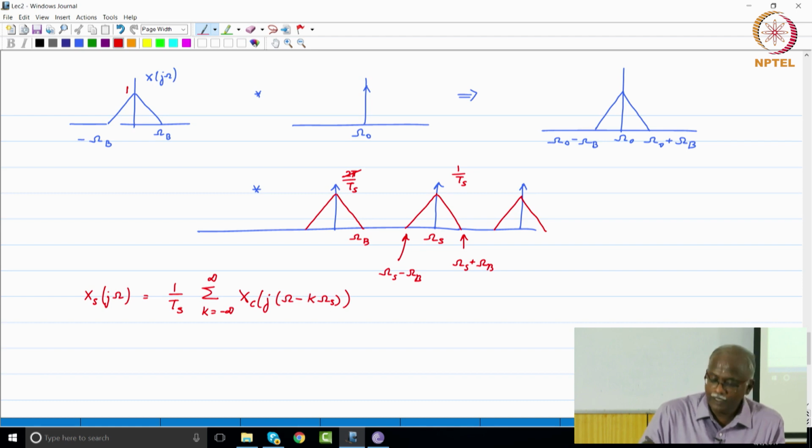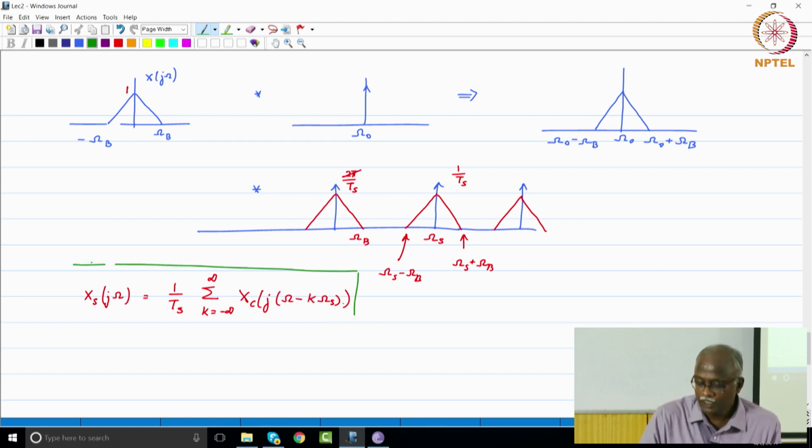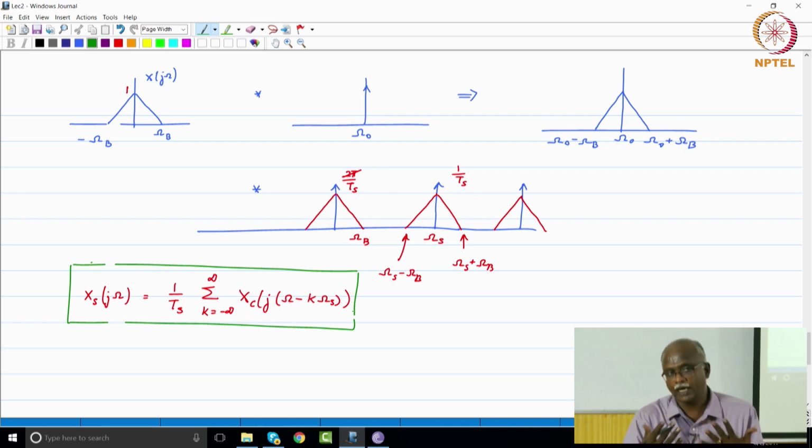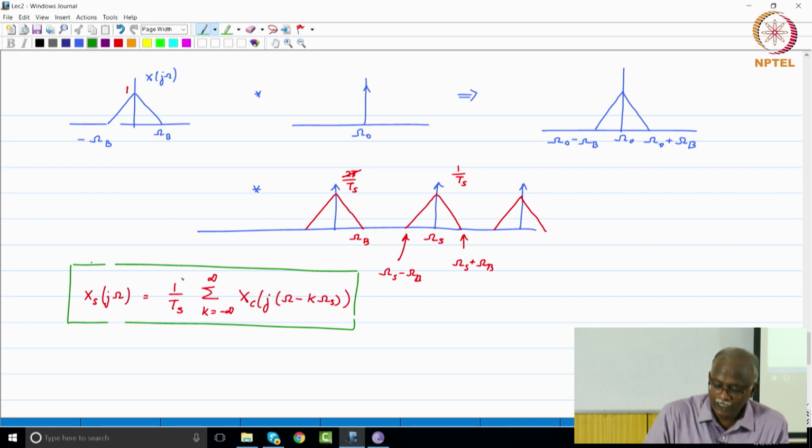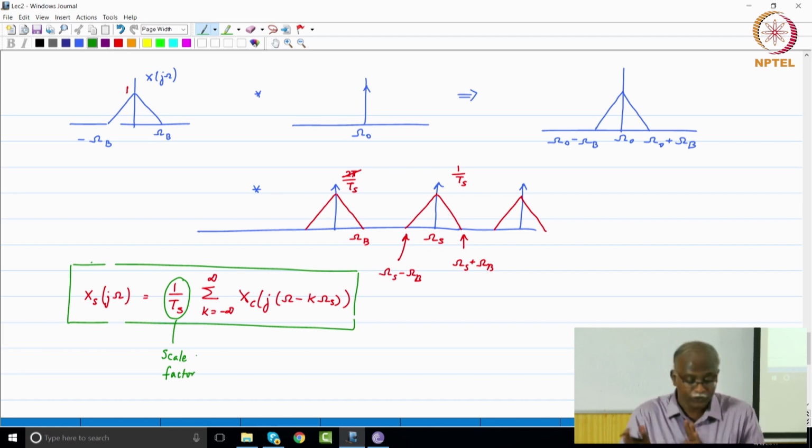So, I would like to just highlight 3 elements from this expression. These are useful for our understanding and comfort level with the whole sampling process. First of all, keep in mind that there is a scale factor. We should not ignore it or omit it. We have to be careful here, because we are interested in reconstruction.